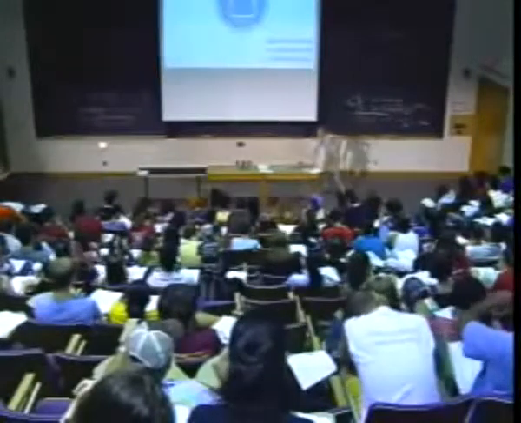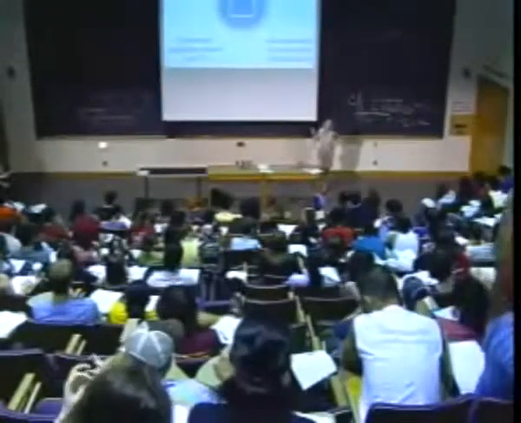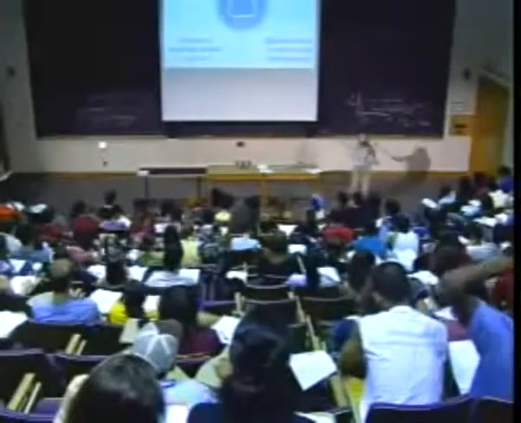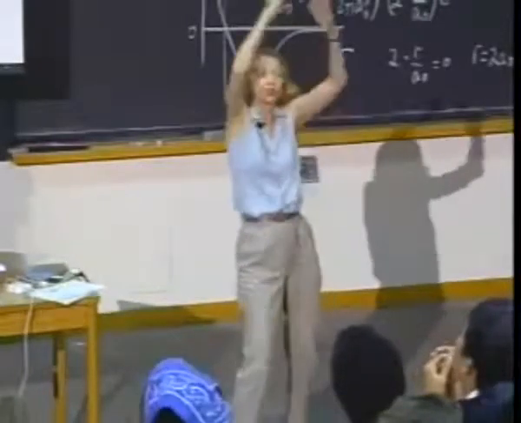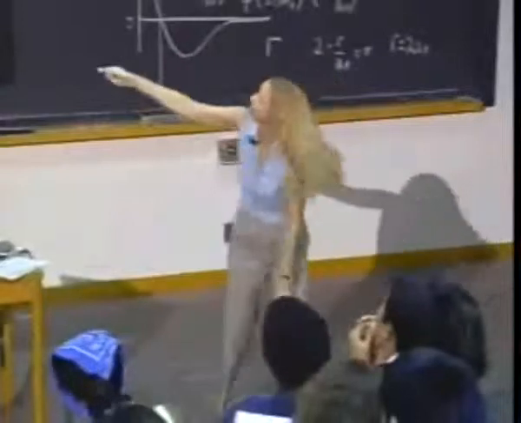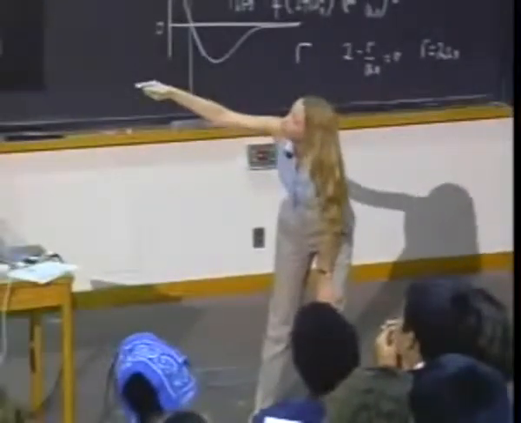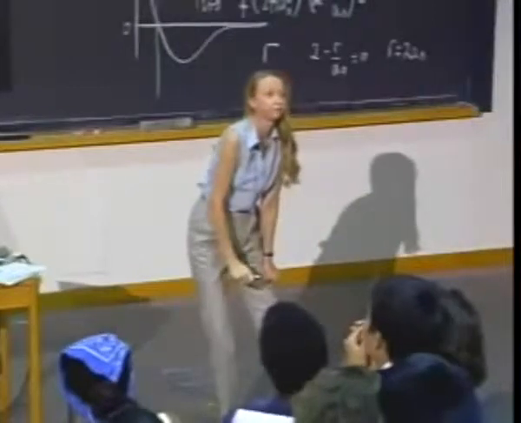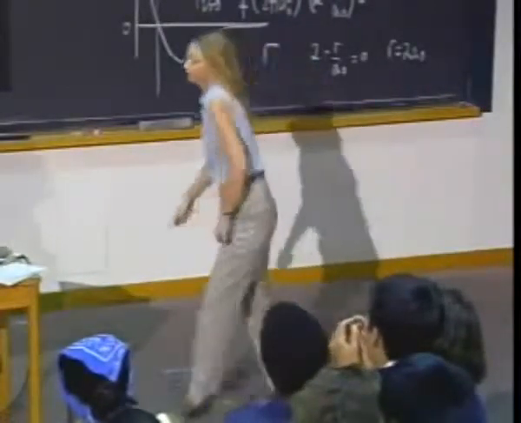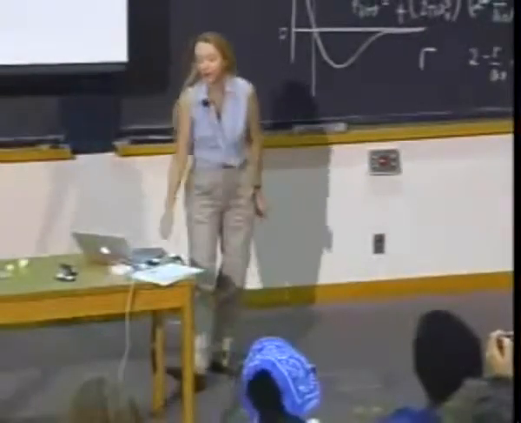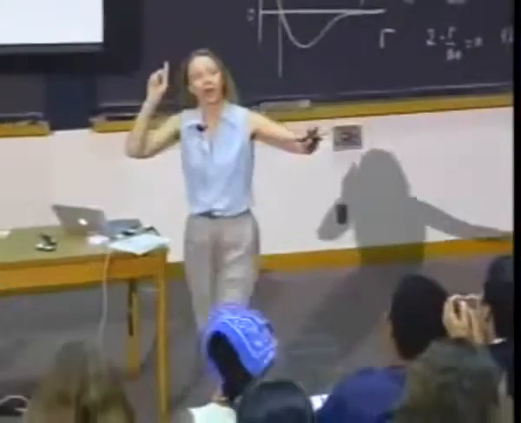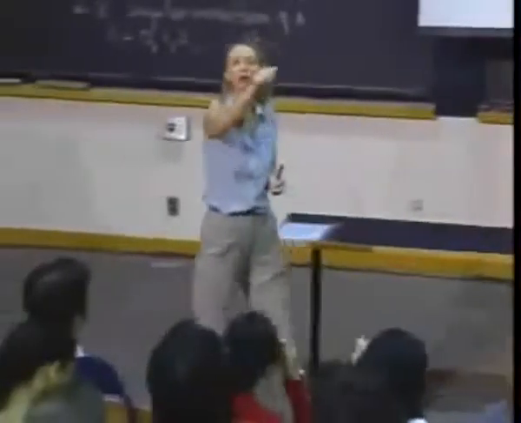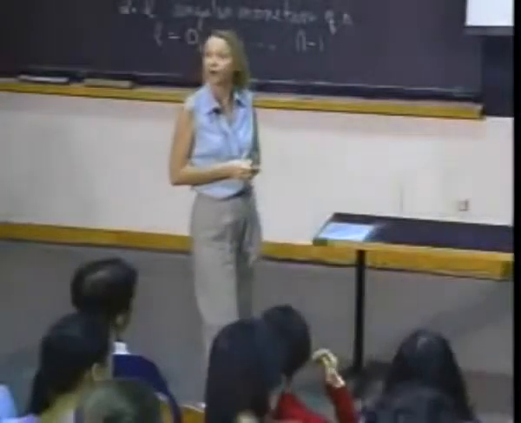Now, I want you to notice what is the volume of this spherical shell? Well, that volume is just 4 pi r squared, the surface area of that spherical shell, times the thickness, which we're going to call dr. That's the volume. So now, if I wanted the probability of finding my electron in an s wave function, some distance from the nucleus, some distance r to r plus dr, what am I going to do?